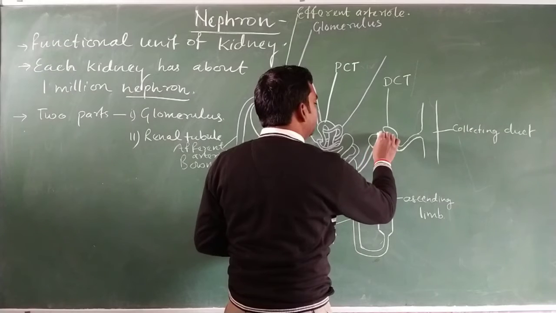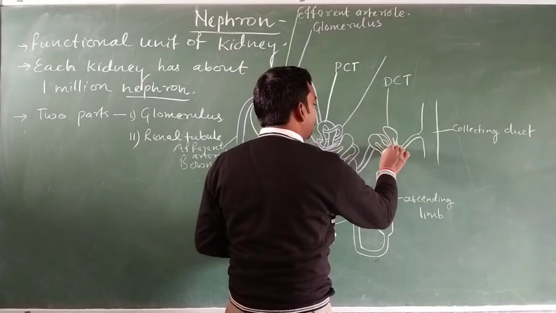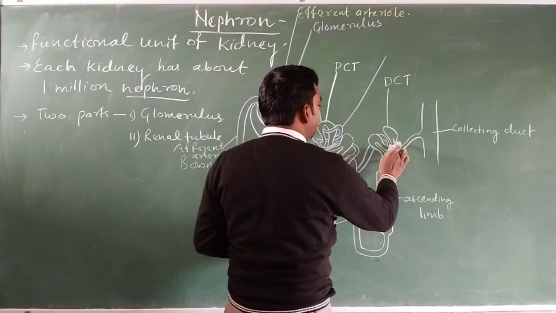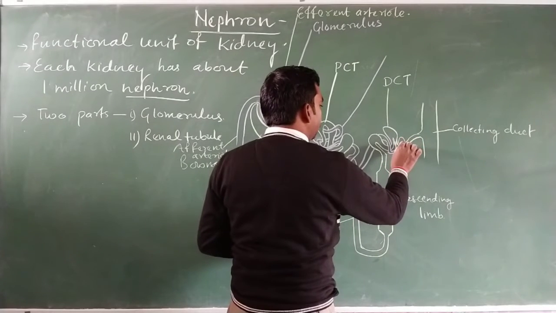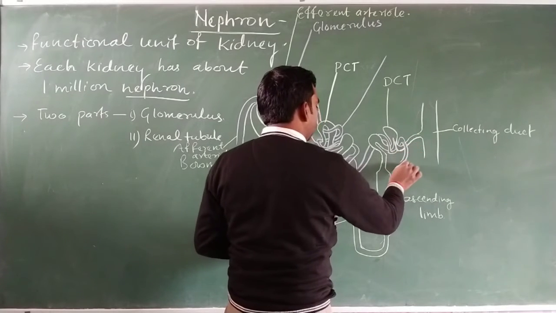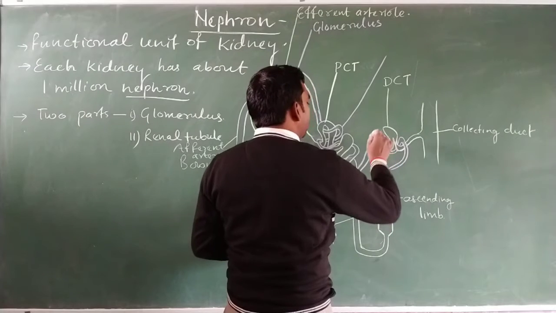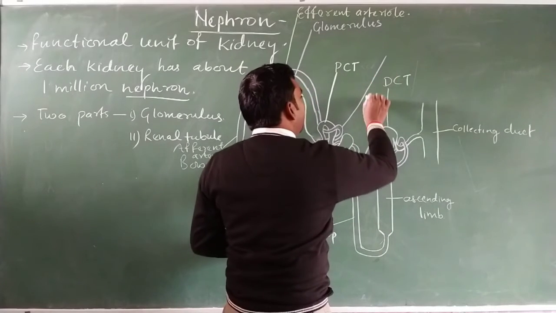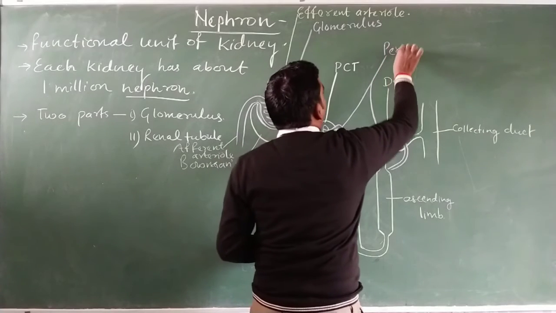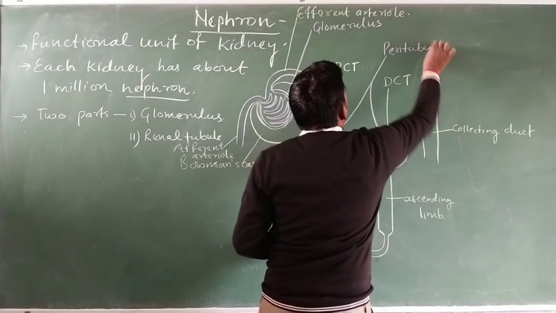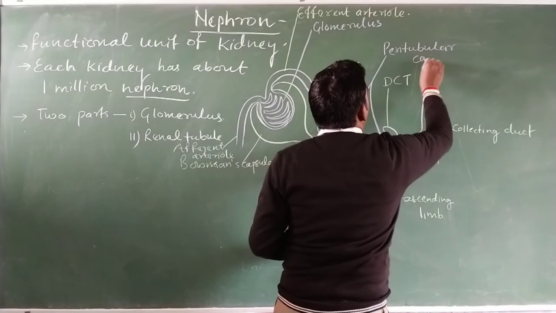It also makes the coiling around the DCT, and this coiling around the DCT and PCT is known as the peritubular capillary.